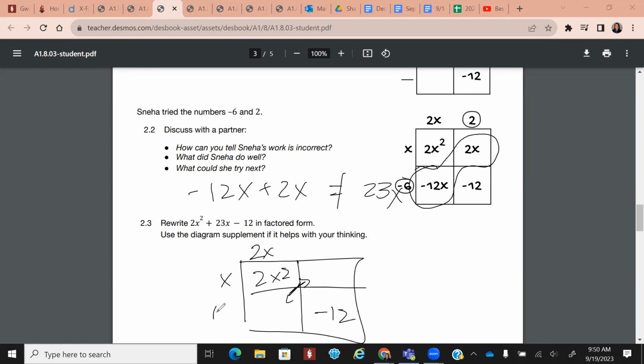So let's say that we have 12 here and negative 1 here. What's 2x times 12? 24x. And then what's negative 1 times x? If I add 24 plus negative 1, is that going to give me 23? Okay. So our factored form is x plus 12 times 2x minus 1.